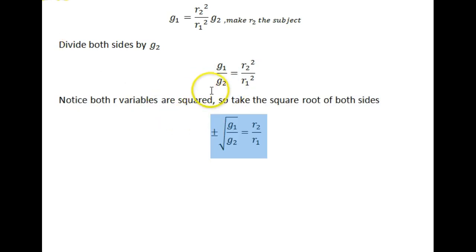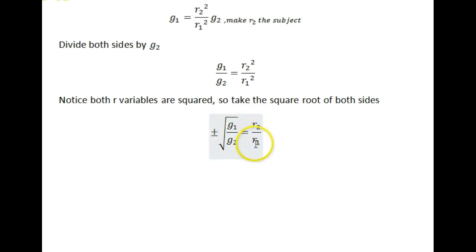So taking the square root of both sides, we're left with R2 over R1, both squares are undone, and on the right hand side, once again, we have two answers, a positive and a negative square root of G1 divided by G2.